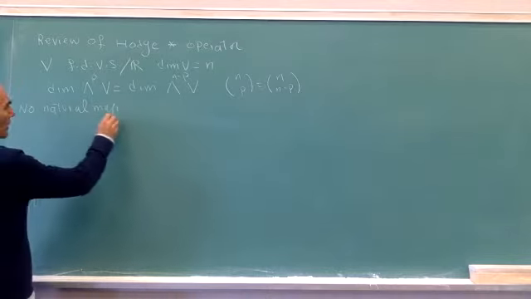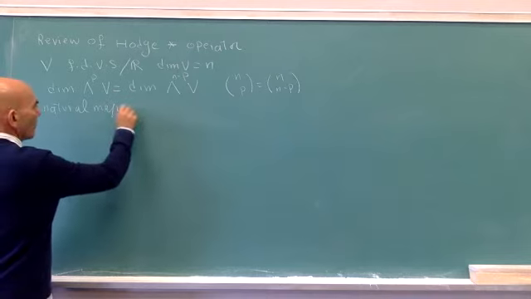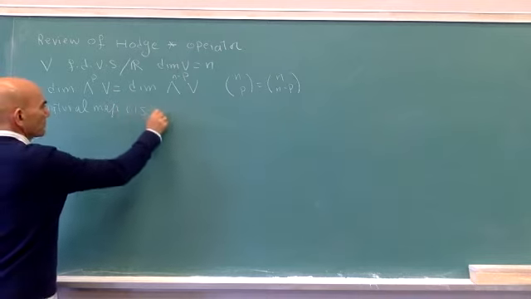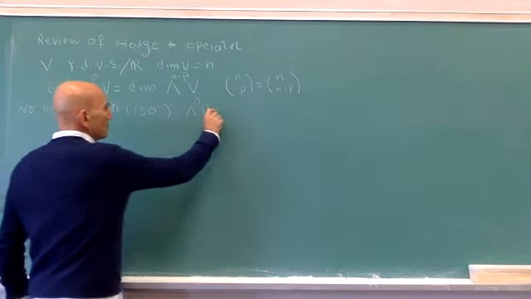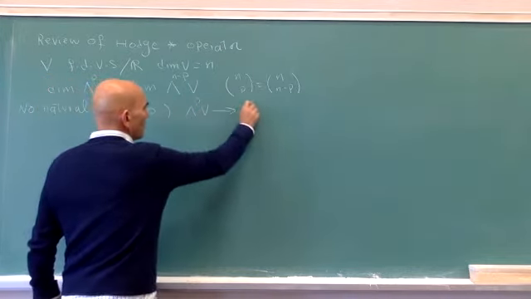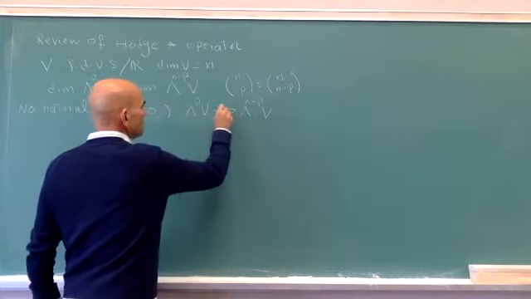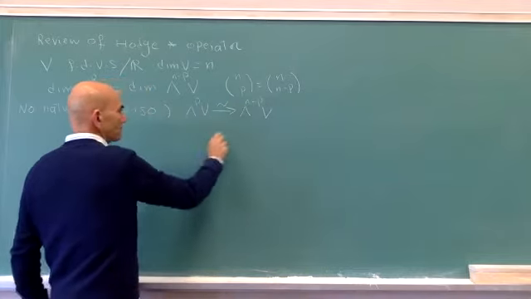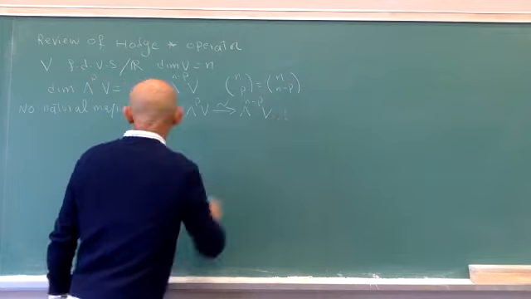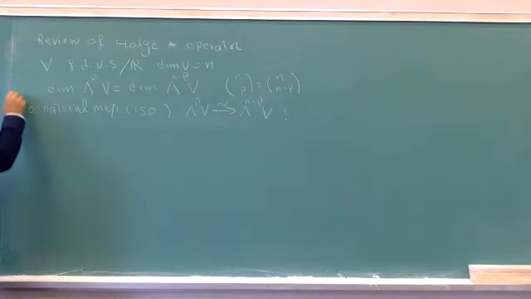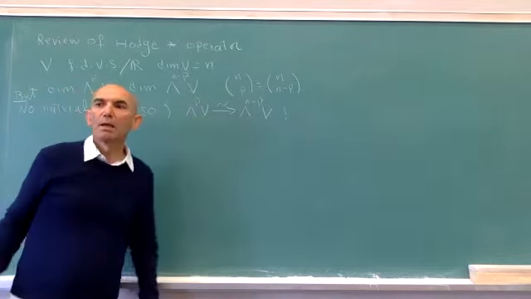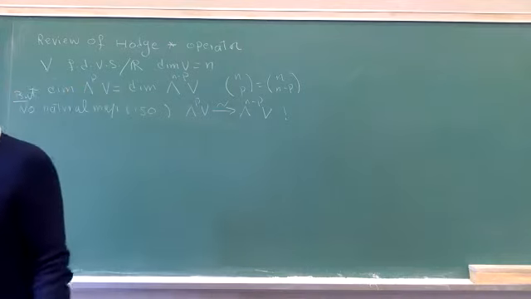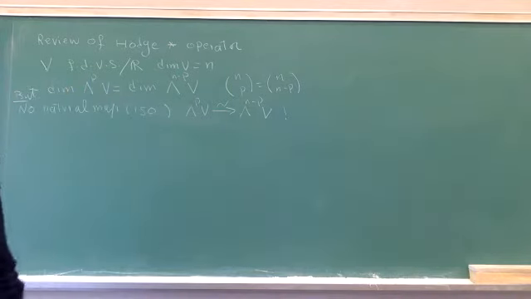I say there is no natural map, or in fact isomorphism, from wedge P V to wedge n minus P of V. But these two vector spaces, of course, because their dimensions are the same, are isomorphic, but the isomorphism is totally unnatural.